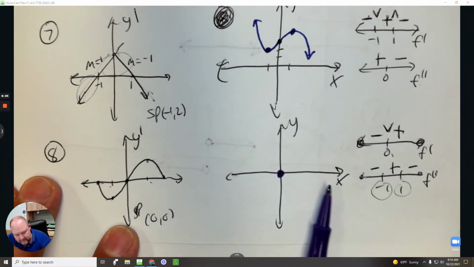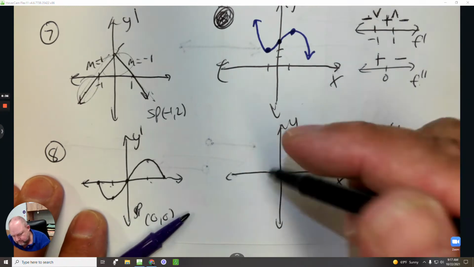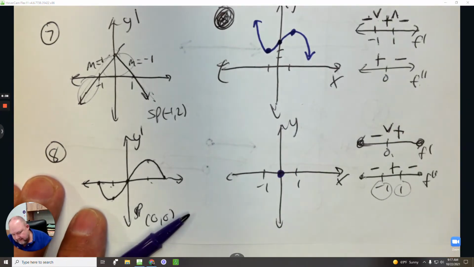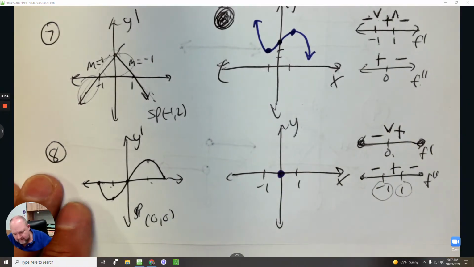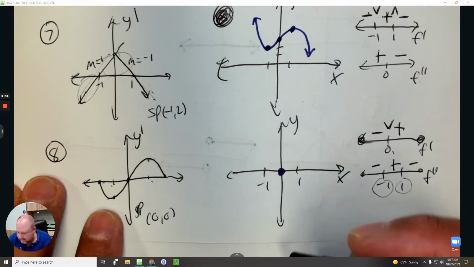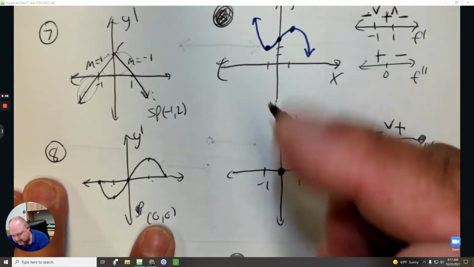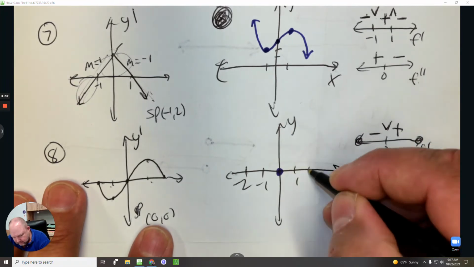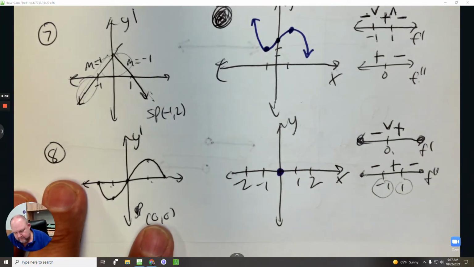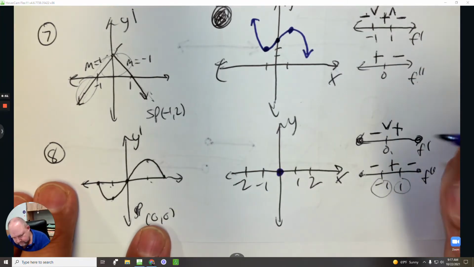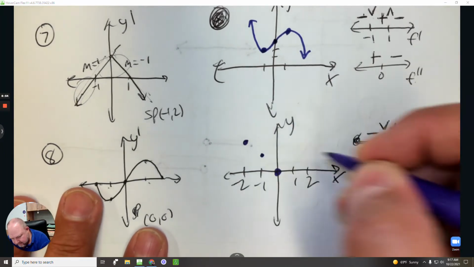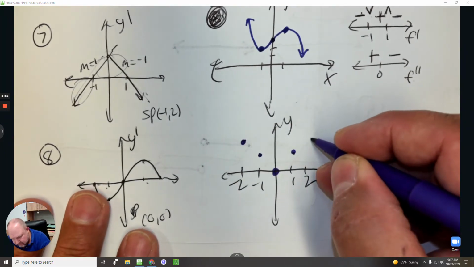At -1 and at +1, and is it at 2? So it ends at 2 and -2. So I need some points here, and then I connect it with curves.